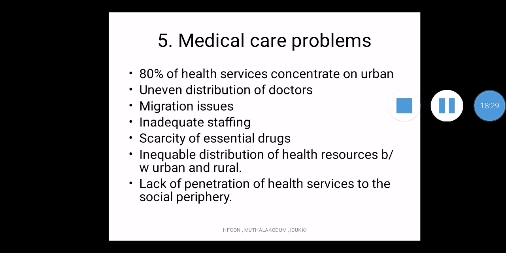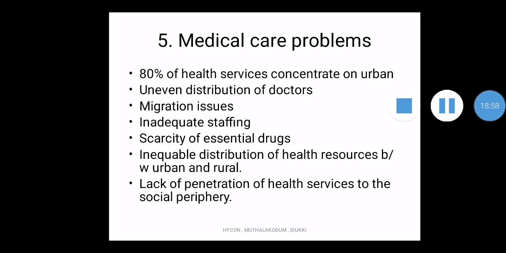The next problem is medical care problems. As we all know, in India around 80% of health services are concentrated in the urban area. So our rural area is much weaker than the urban side. Even the distribution of doctors has an uneven pattern. Doctors mostly would like to work in the urban area, so very little concentration is given towards rural and tribal areas.